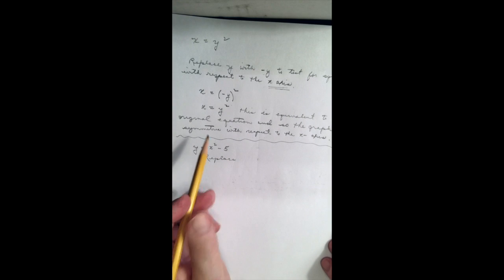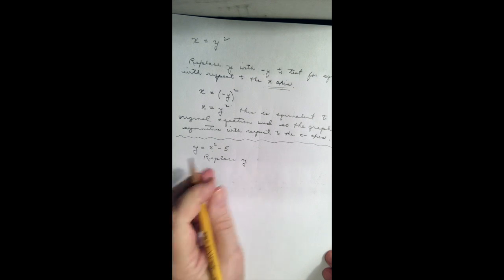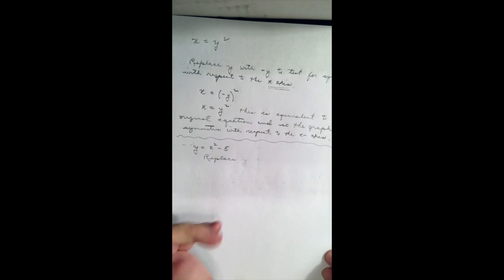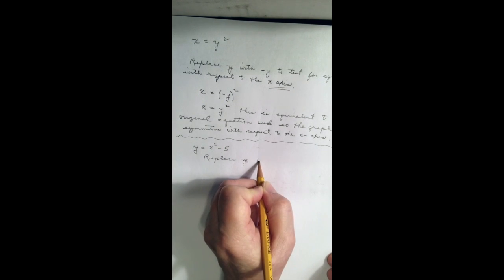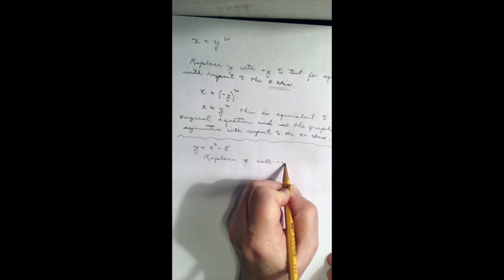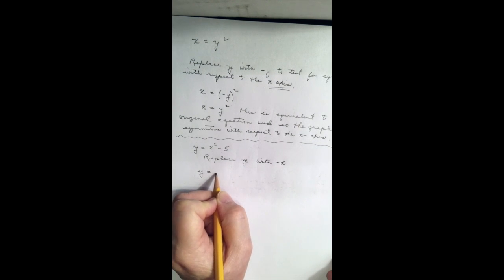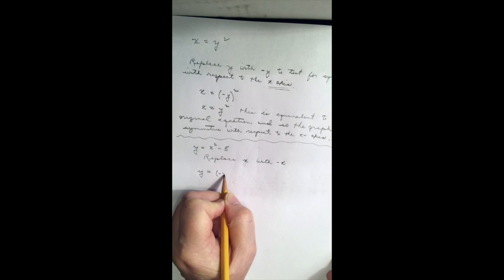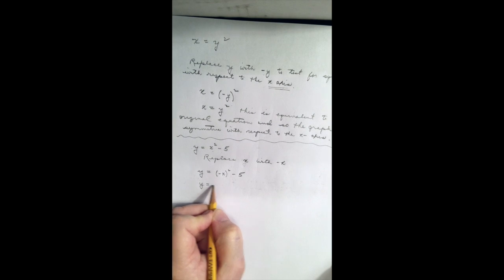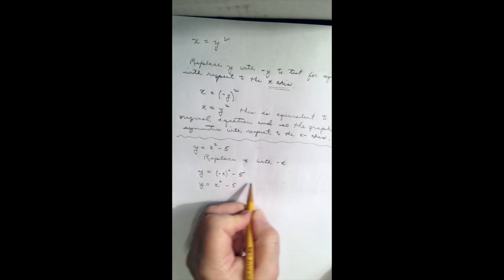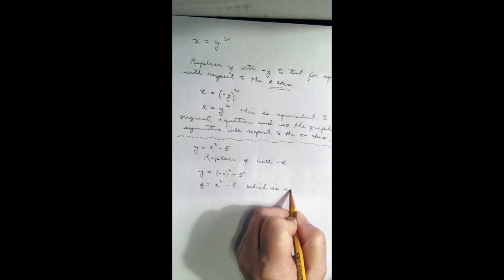Here we're testing for symmetry with respect to the y-axis, so we replace x with negative x. And so we'll have y equals (-x) squared minus 5. And if we simplify that, we get y equals x squared minus 5, which is equivalent to the original equation.